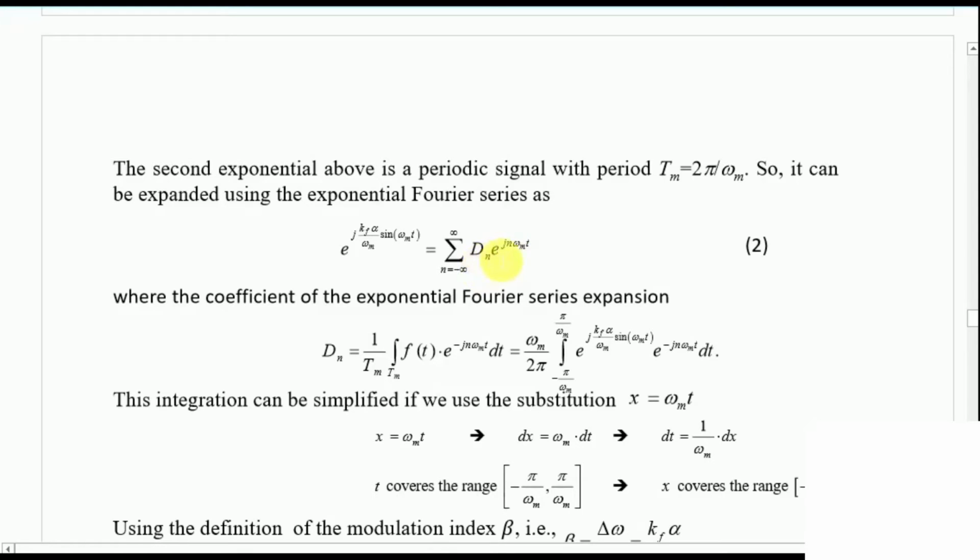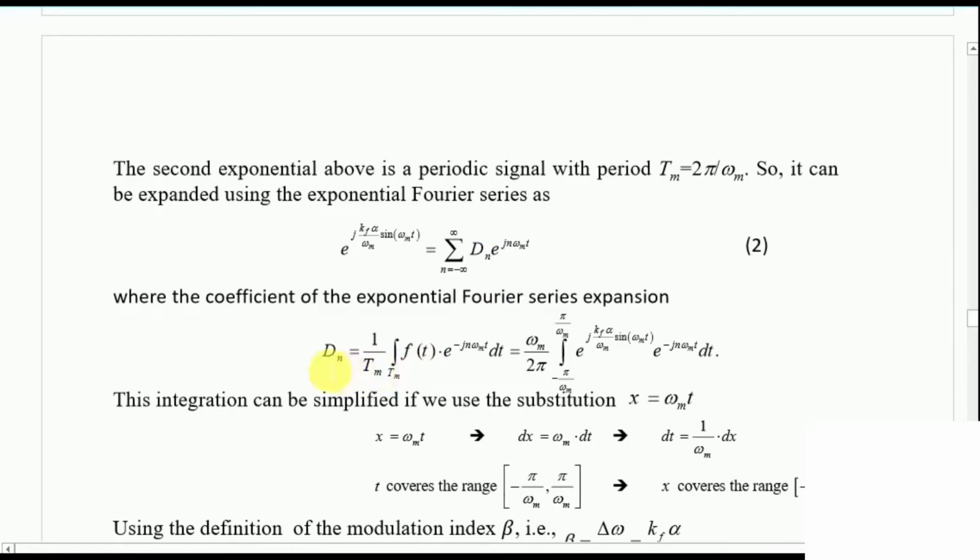And D_n is the coefficient or the weight that we multiply with the exponential. D_n is simply 1 over the time period T_m, times the integral of the given function, which in our case is this one, times e^{-j n omega_m t}, a simple straightforward definition of an exponential Fourier series.